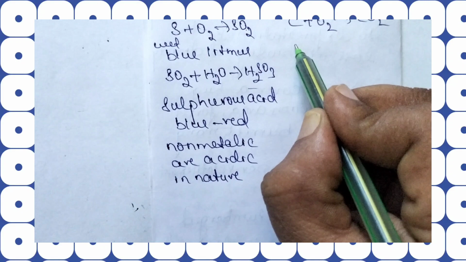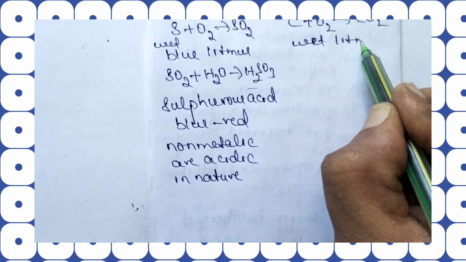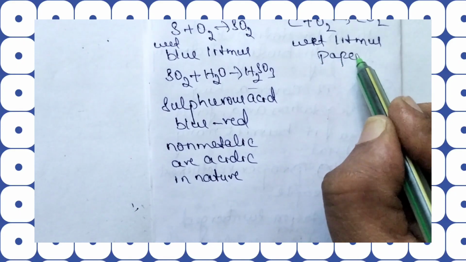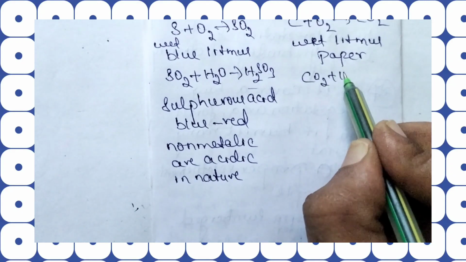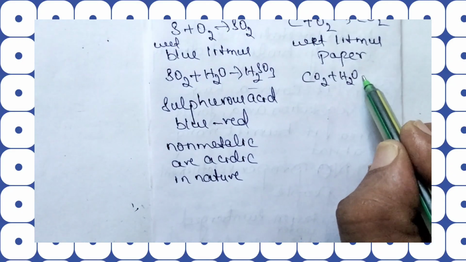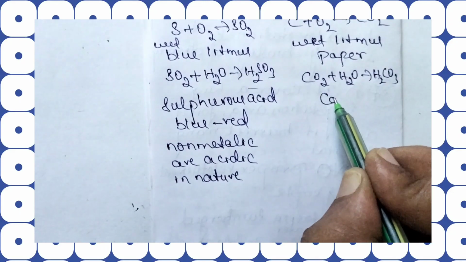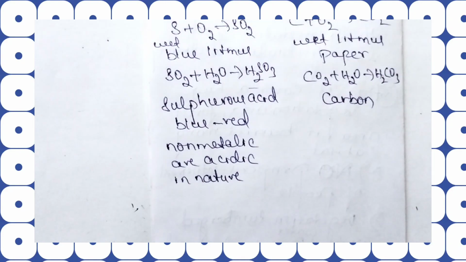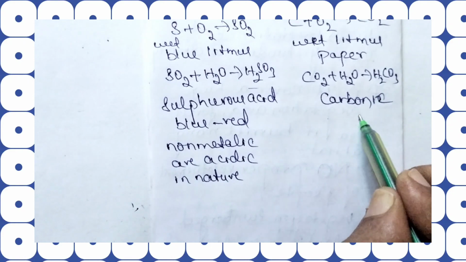When the wet blue litmus paper is held over carbon dioxide fumes, this carbon dioxide reacts with water present in the litmus paper to form H2CO3. This H2CO3 is called carbonic acid.